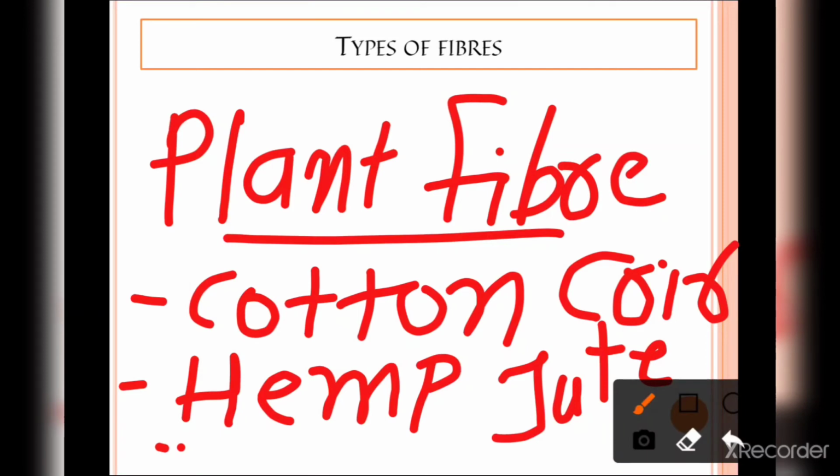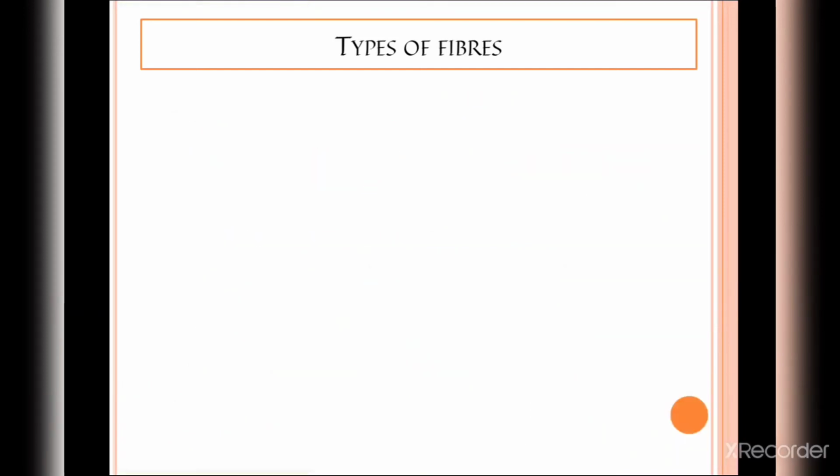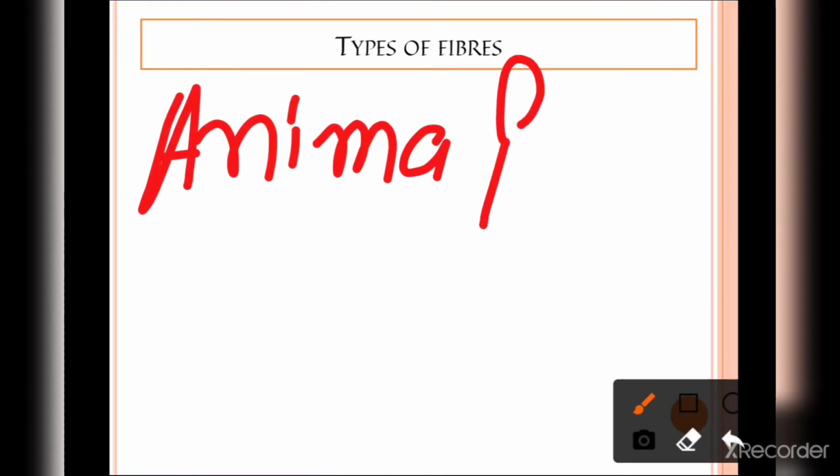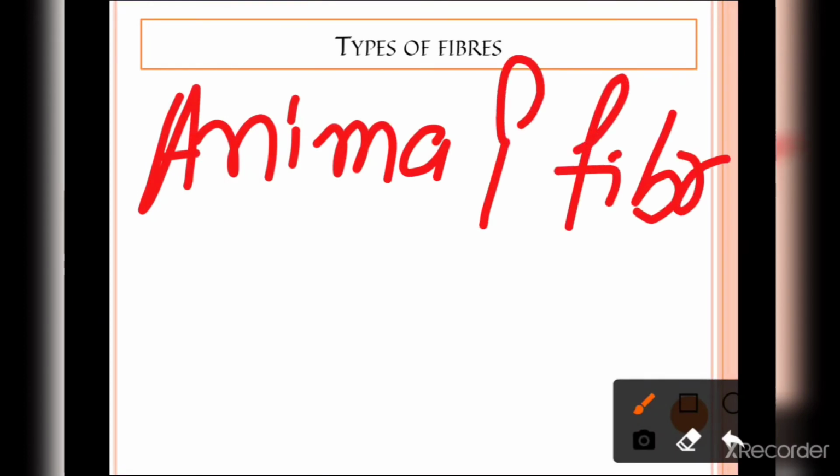But over here I am going to teach you about animal fiber. Animal fiber means the fiber that you get from the animals. So the first example is wool.